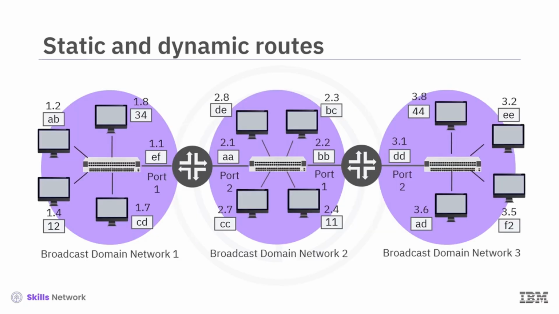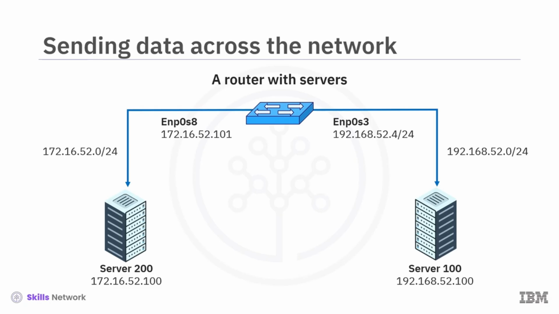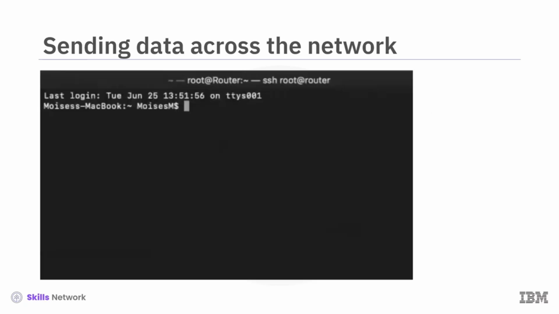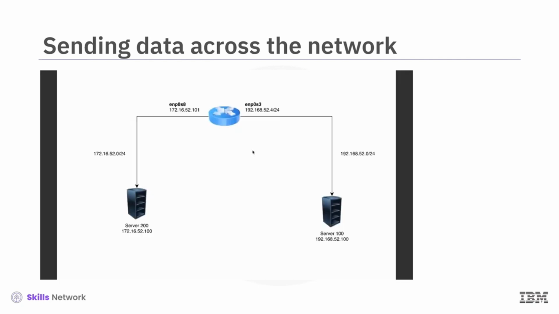Looking again at our example of sending data from network 1 to network 3. This is a small network and it can contain only the router, server 100, and server 200. Let's use SSH to log in as root to server 100 at IP address 192.168.52.100.